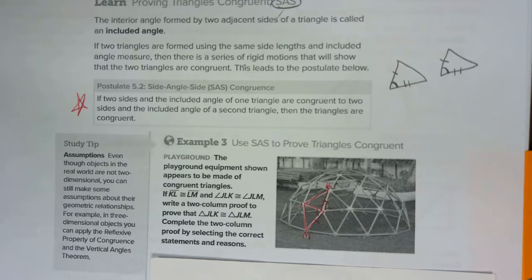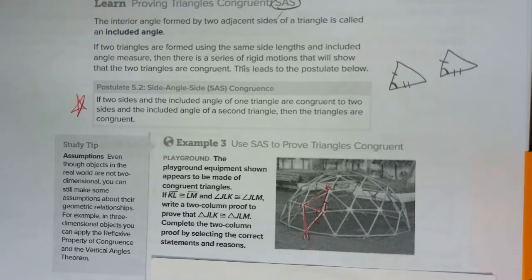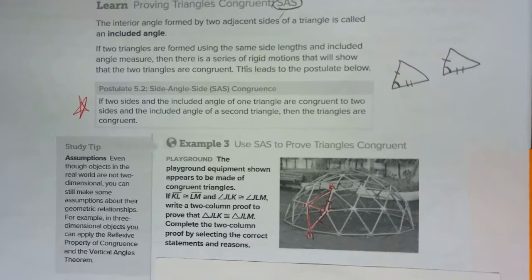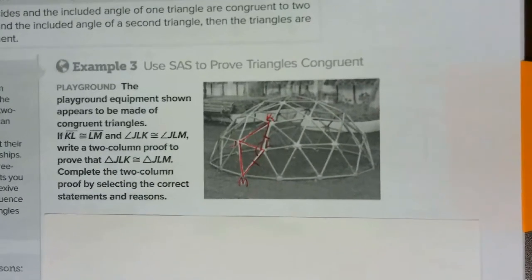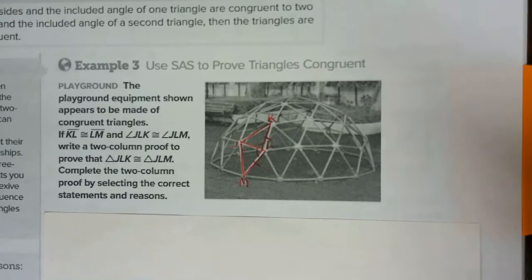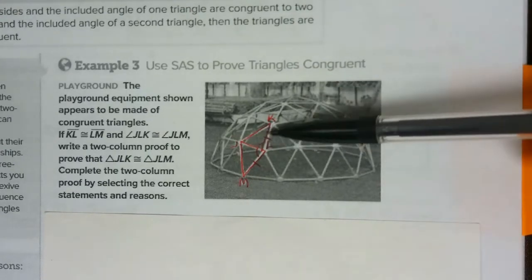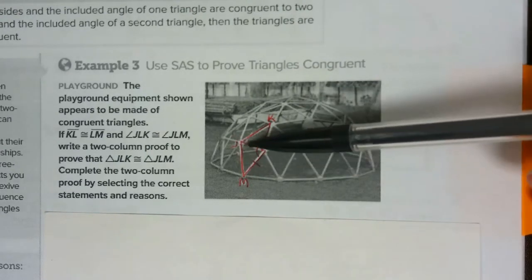So in example number 3, it has a lot of words, and it gives me a playground equipment, and it's going to ask me to prove that those triangles are congruent. So the first thing that I did was I had to find where my triangles are because the picture was kind of hard. So your two triangles that you're focused on are these two here.